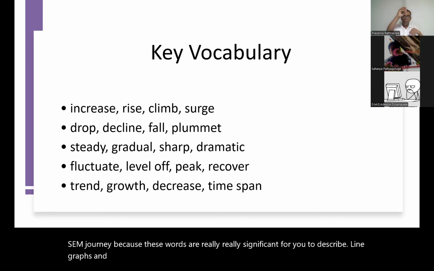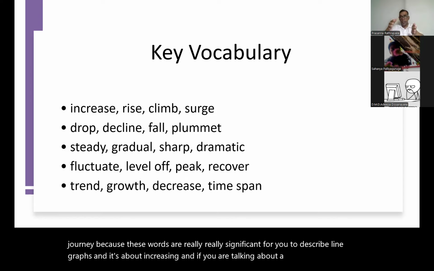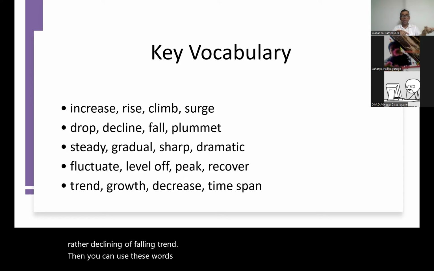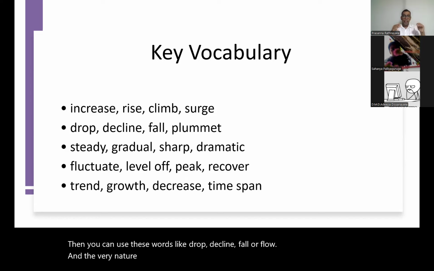And if you're talking about a decreasing, declining or falling trend, then you can use words like drop, decline, fall, or plummet. The very nature of this increase or decrease can be indicated by using adjectives.